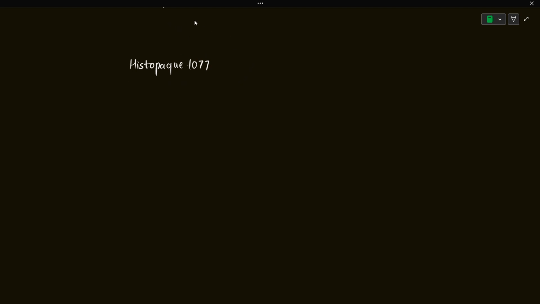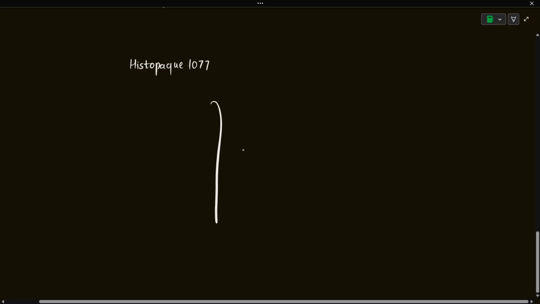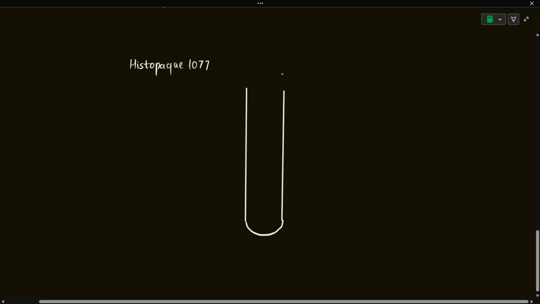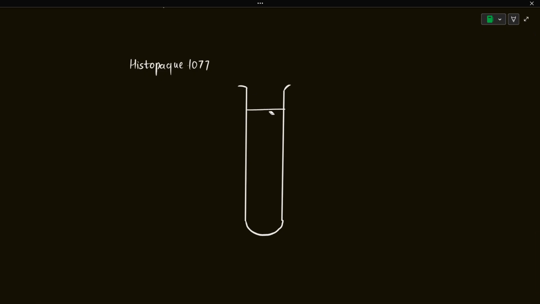So what happens when we add the histopaque to the blood cells? Let's assume that this is a test tube, and in this test tube we have added blood, which is diluted by some dilution factor.